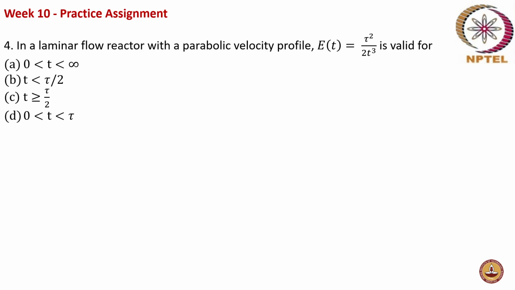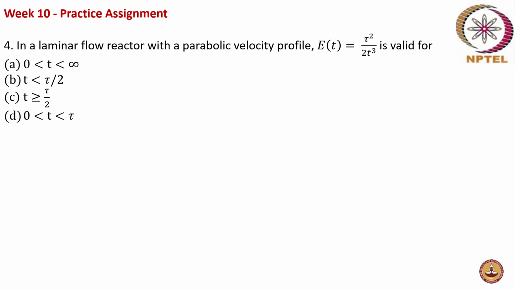That means the particles moving at the center, at r equal to 0, will have maximum velocity. If we substitute that into the velocity profile, we will find that the time taken for it is not the mean residence time, it is the minimum time for the exit.